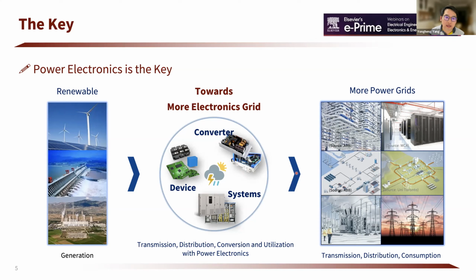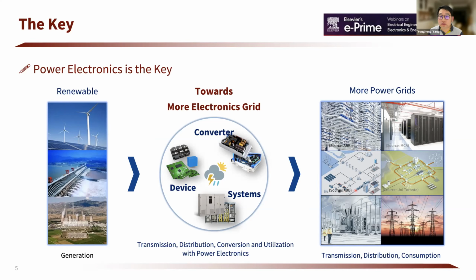Here in this slide, we just briefly show how renewables and other power generation systems are connected to the power grid through the power electronics converters. And the power electronics today are seen in every aspect of the energy generation, transmission, distribution, conversion, and utilization.